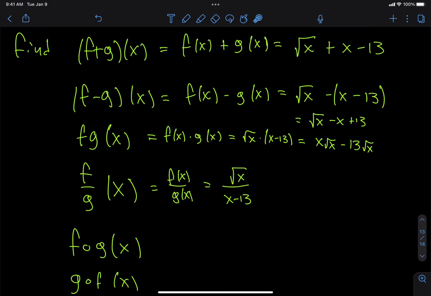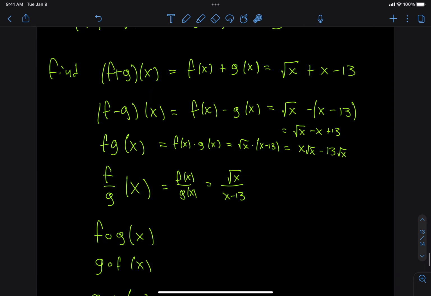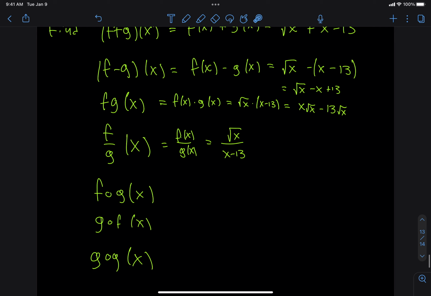I think these are, for the most part, fairly straightforward. Where it gets a little more complicated is with the f of g of x.